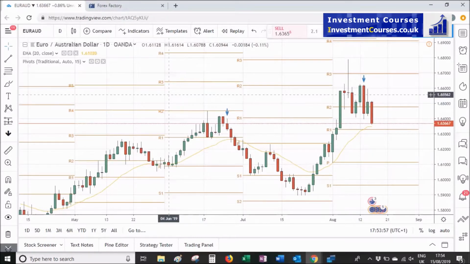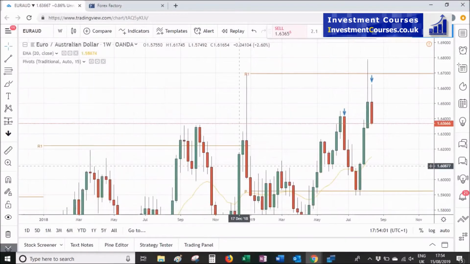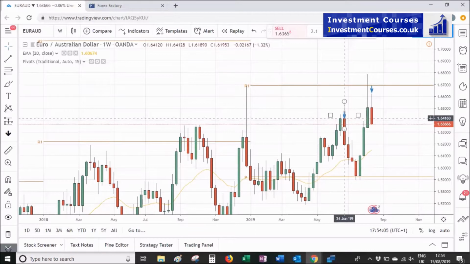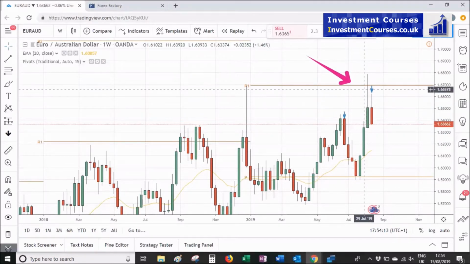If I go through the weekly chart, this is the weekly. I sold one time here and another time here, and you can see again this is a good bullish candle which shows clearly buyers lost their power and the sellers are going down.